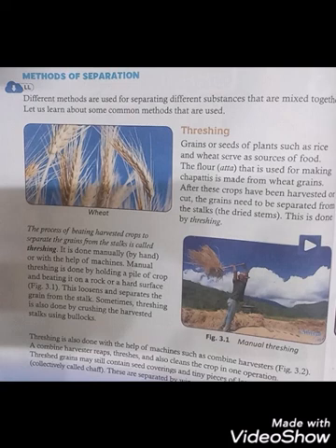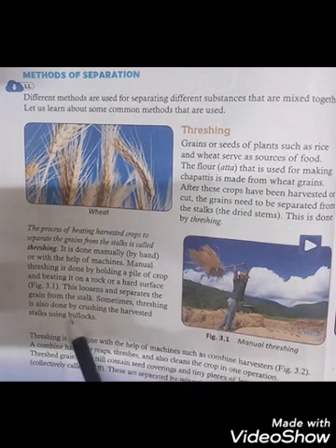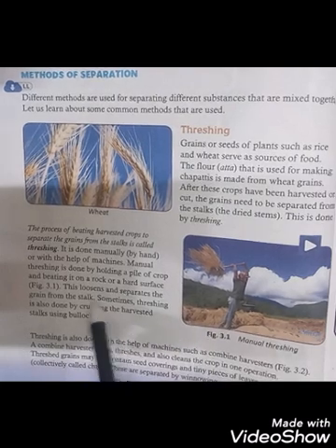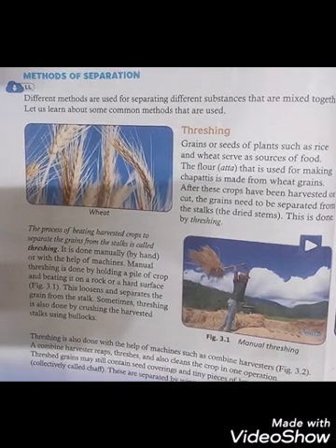Because the grains are dried and matured, when they are beaten on the hard surface, rock or soil, the crops will loosen and the grains will separate from the main stem, that is called the stalk. So, this is one manual process, and sometimes it is also done by the use of bullocks.